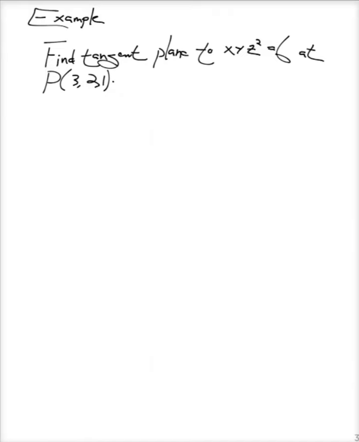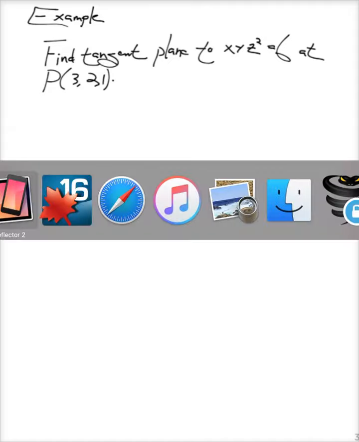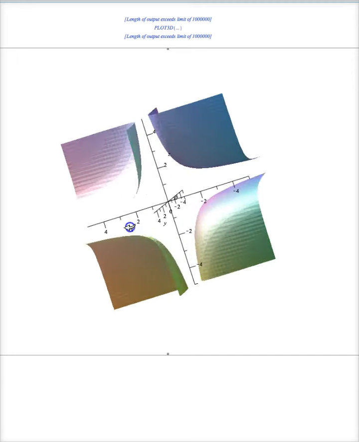Let's use this recipe to do an example. For this example, let's find the tangent plane to the surface x y z squared equals 6 at the point 3, 2, 1. Let's take a look at a graph of the function. It's not going to help us do the problem, but it's interesting to look at the surface before we think about the tangent plane. So I've graphed the surface x y z squared equals 6, and this is at least a portion of the graph in 3 space.